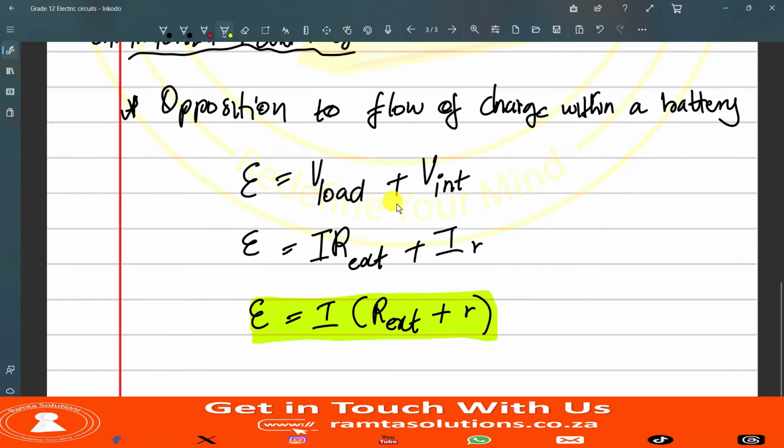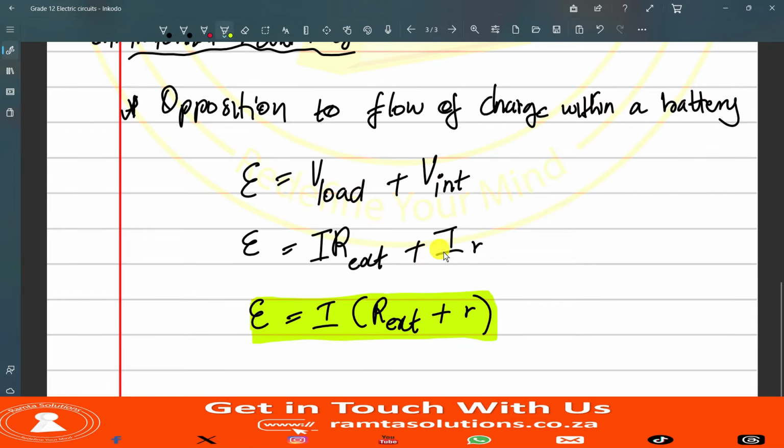Okay. All right. So now, if you have V internal and the current flowing in the circuit, you can manipulate it to get your internal resistance, right? Now we're going to talk about some few things.